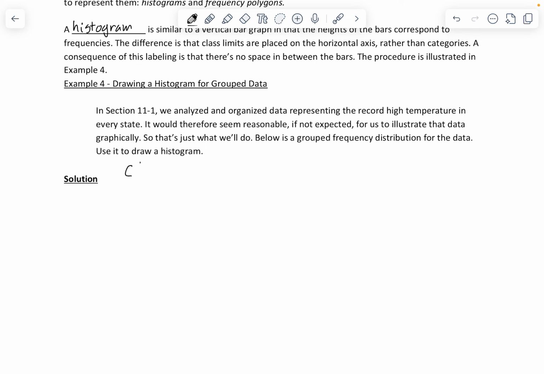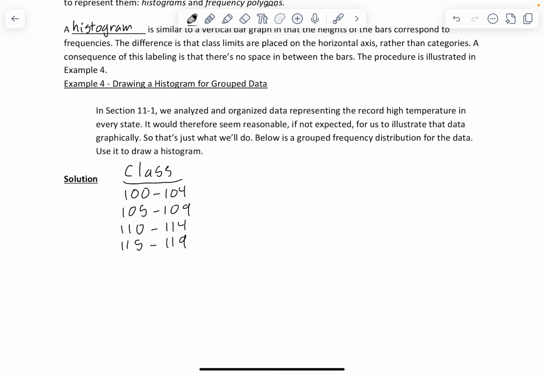But we ended up with this. We had a column for class, and my classes were 100 to 104, 105 to 109, 110 to 114, 115 to 119, 120 to 124, 125 to 129, and 130 to 134.